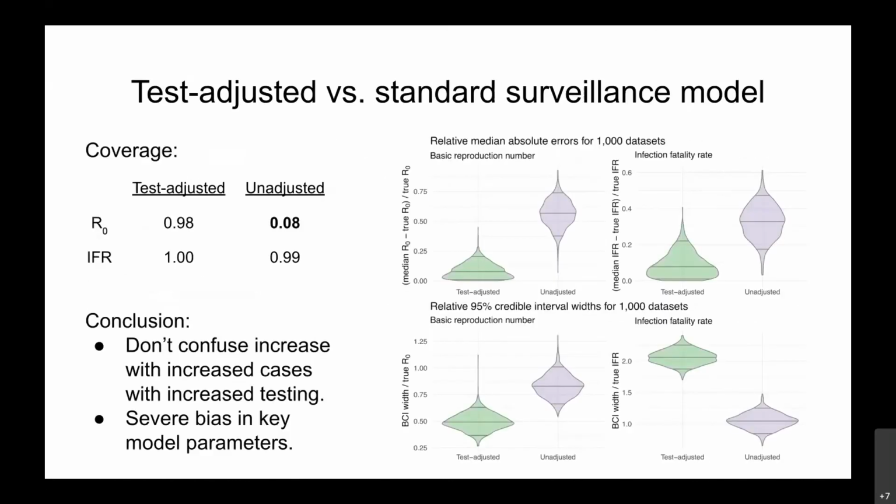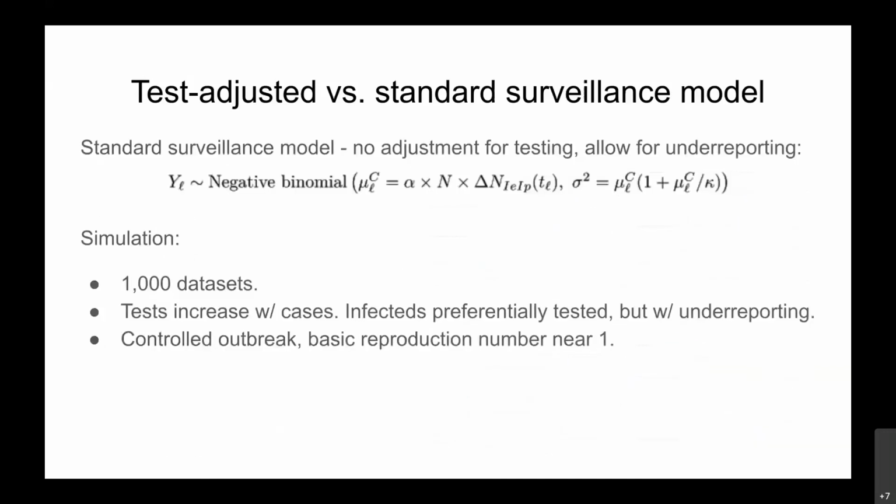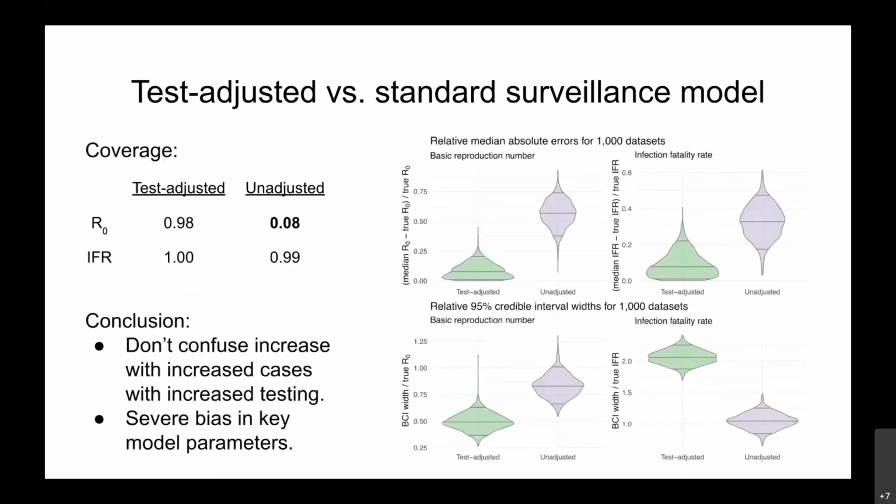And what happens when you do that is you get them all completely confused between increases in tests. I should say also here we allowed for tests to increase with cases. So individuals were still preferentially tested but with underreporting. And this is a relatively simple example, but if you don't account for testing, you're just going to get blown out of the water here for your estimates of the transmission dynamics.